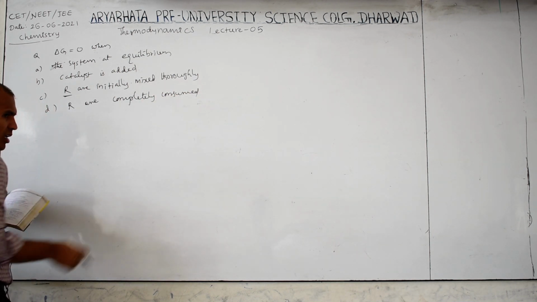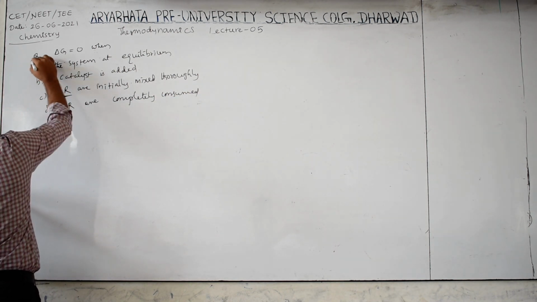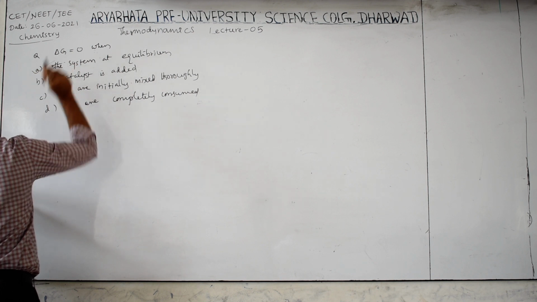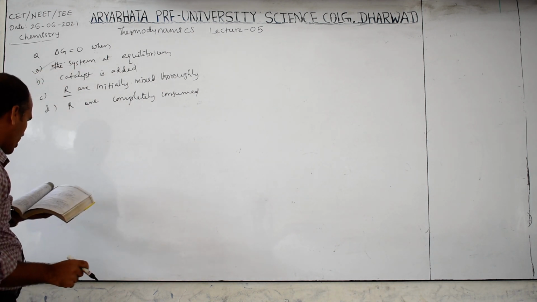So we know, already given in the previous question, delta G is equal to 0 at equilibrium. This is a direct question only.